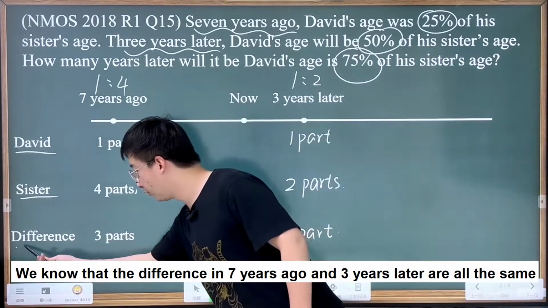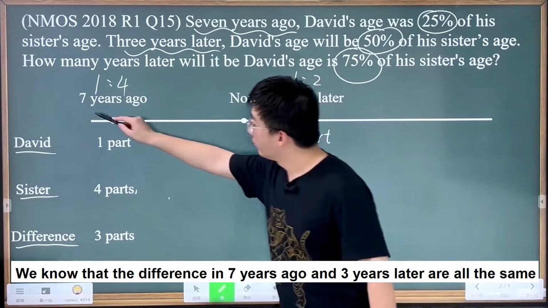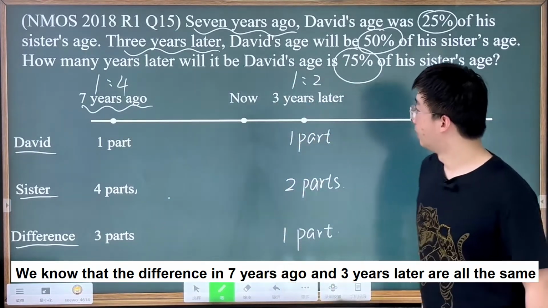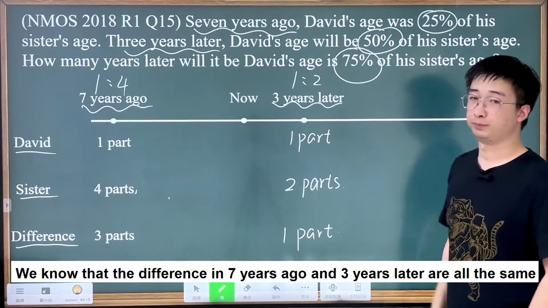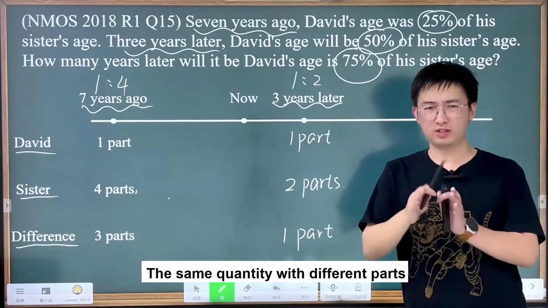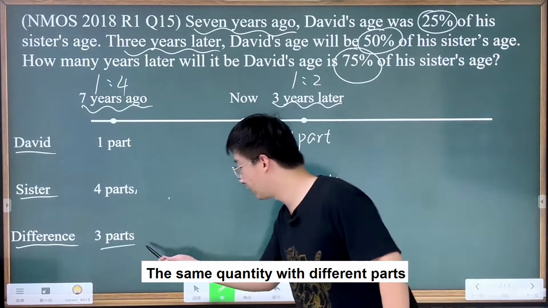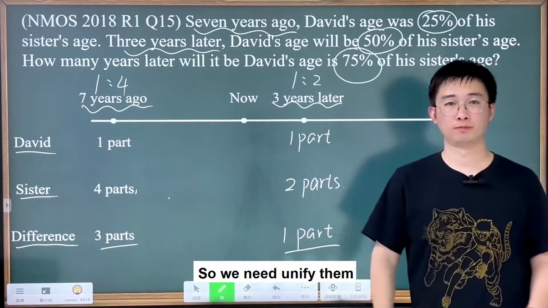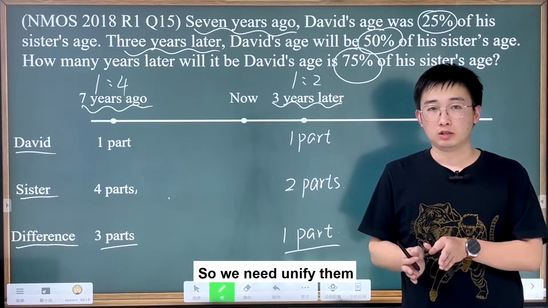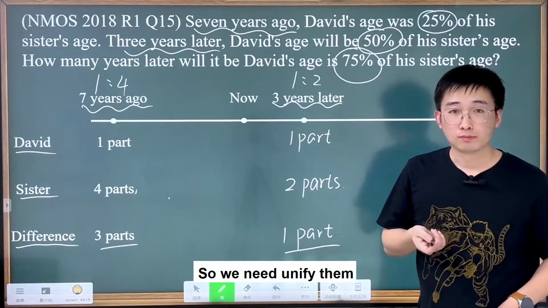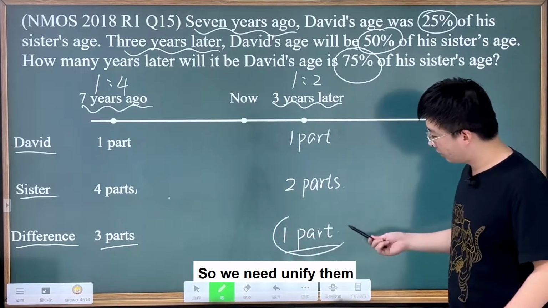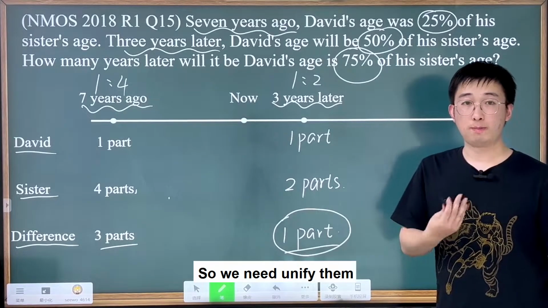We know that the difference 7 years ago and 3 years later are the same, but the same difference has different parts, 3 parts, 1 part. So we need to unify them. We can change this 1 part into 3 parts.